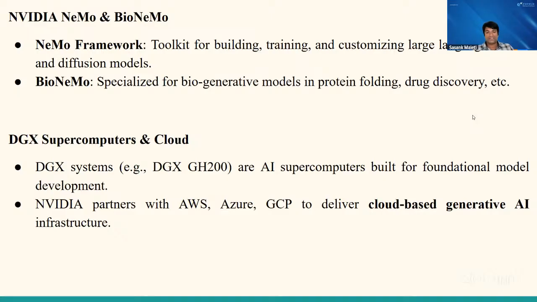AWS is Amazon Web Services, Azure is Microsoft Azure, GCP is Google Cloud Platform. These are the three cloud providers in the world. All these three companies are partnered with Nvidia for the infrastructure.